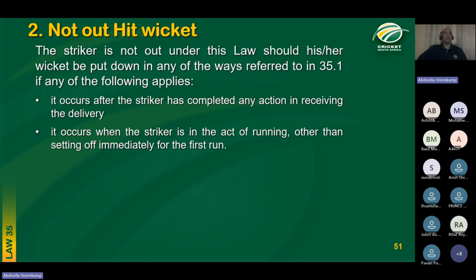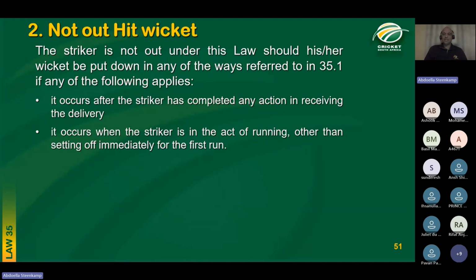Like an example, the striker plays the ball down to third man, runs through for a single, comes back for the second, and now the throw comes into the wicketkeeper's end. The striker then dives to make good the ground, slides, and then the striker's bat goes against the wicket. The fielding side will appeal. And what is your answer to that appeal going to be? You're going to say, players, that is not out hit wicket.